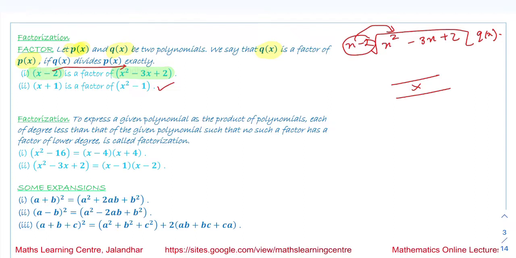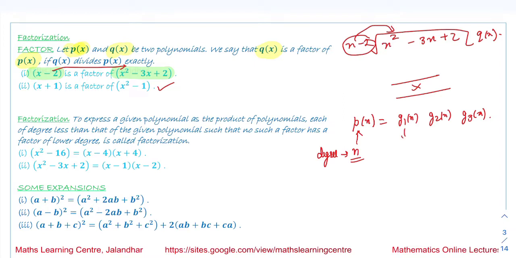Suppose a polynomial p(x) of degree n is given to us, and we express it as a product of other polynomials, say g1(x), g2(x), g3(x), and it may continue or it may end.